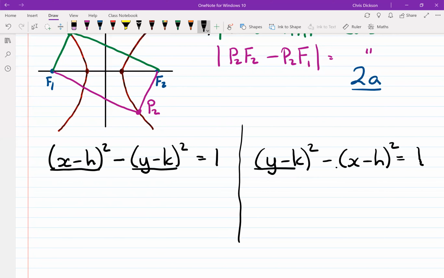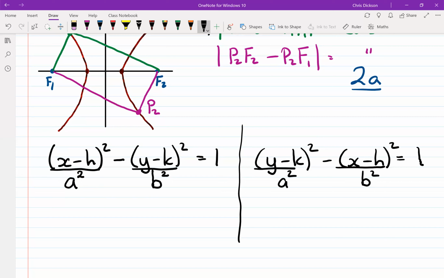And these are over things. Now you might think back to the ellipse formula, which is very similar, except with ellipses you're adding them, just like in circles. With hyperbolas, you're subtracting them. Below the positive term, in this case the x's, you get a squared. And below the negative term, you get b squared.